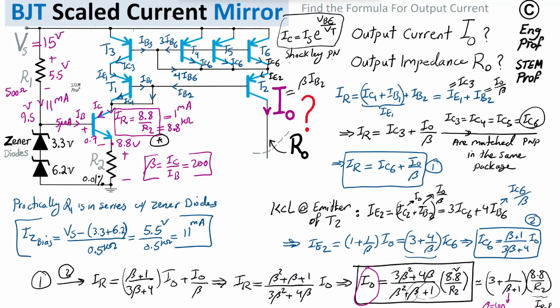All I'm trying to say is that from the perspective of T2, it's as if you have T2 like this, and then an equivalent resistor and then AC ground, because when we are talking about R out, we are doing an AC analysis.